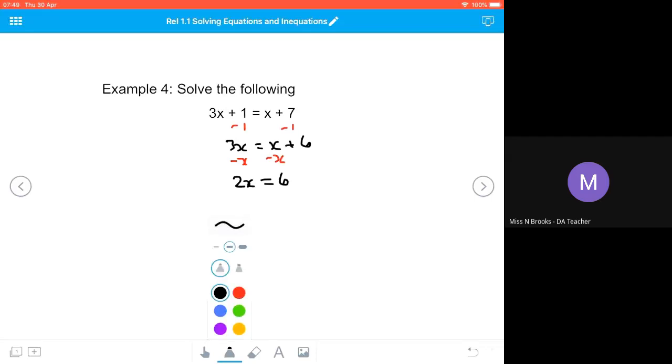Now, remember, we're trying to isolate that x term, so we need to do the inverse of multiply by 2, which is divide by 2. That gives us a solution of x equals 3. Then we're going to mentally substitute it back in to check. 3 times 3 is 9, plus 1 is 10 on the left-hand side, and 3 plus 7 is 10 on the right-hand side. And so x equals 3 is a valid solution.